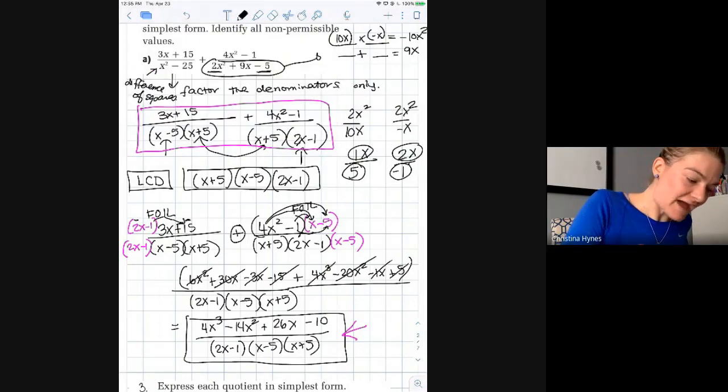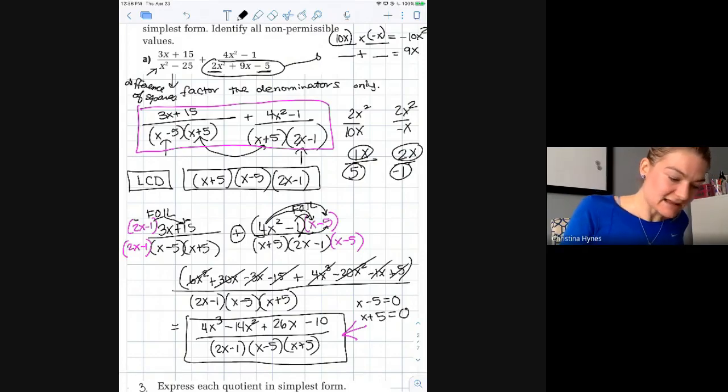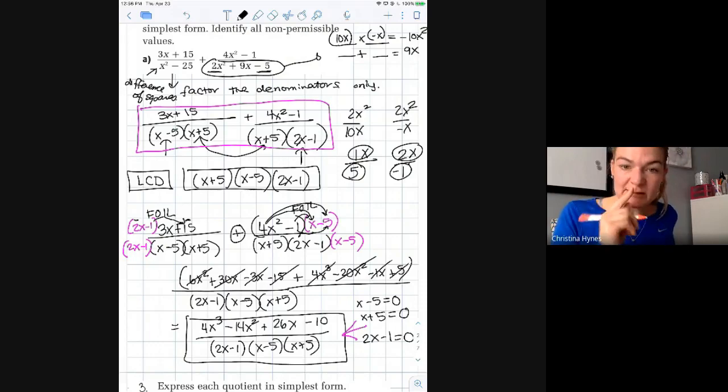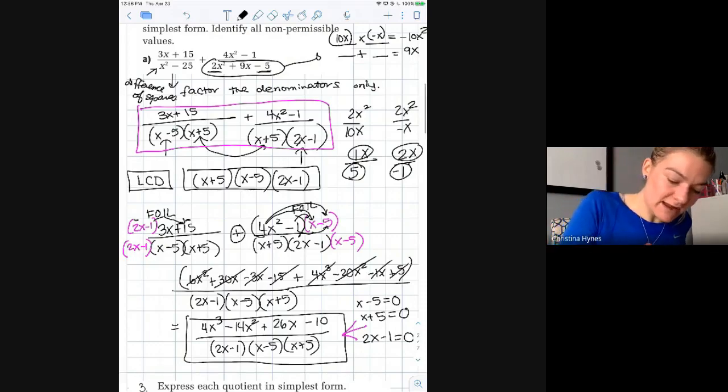So the factors that I see in the denominator are x minus 5. You would make that equal to 0. You would make x plus 5, that's another factor in your denominator, equal to 0. And another different factor that you have in your denominator is 2x minus 1 equals 0. Make them all equal to 0 and then solve for x.